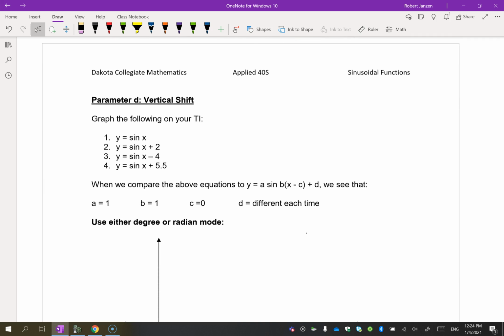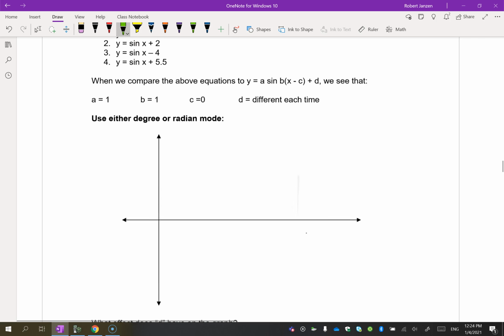The last parameter, the vertical shift. Okay, let's start with our basic graph. Now, if you ever get stuck on what these values are, you could always plot it in your calculator and it'll give them to you.